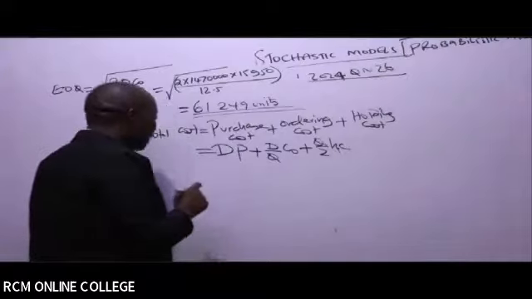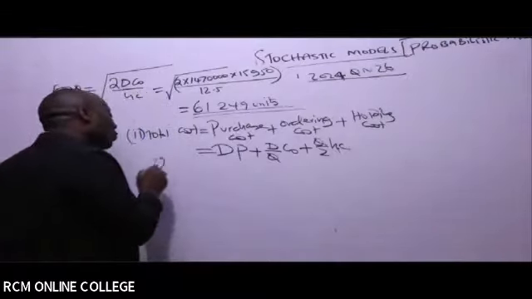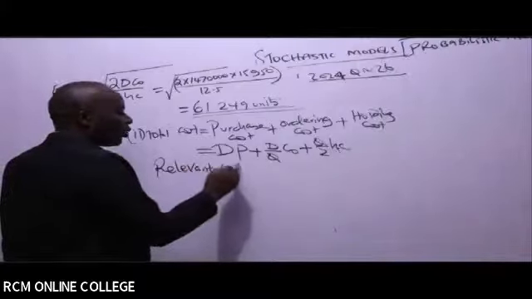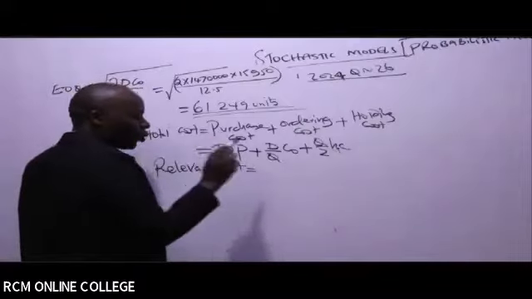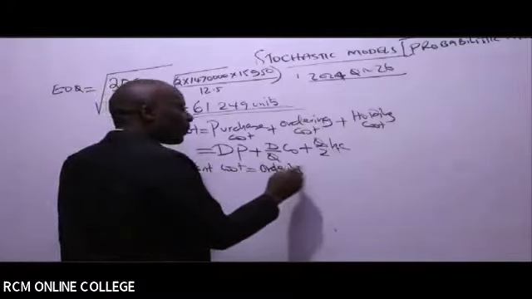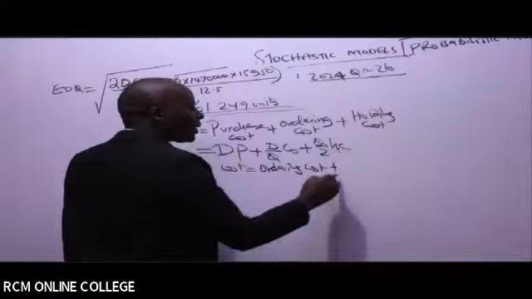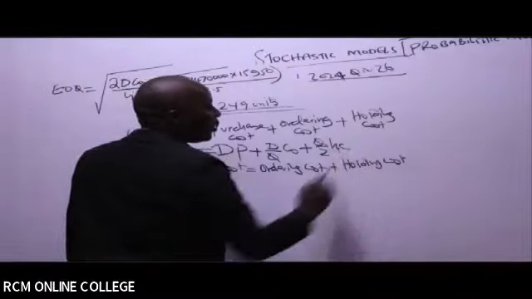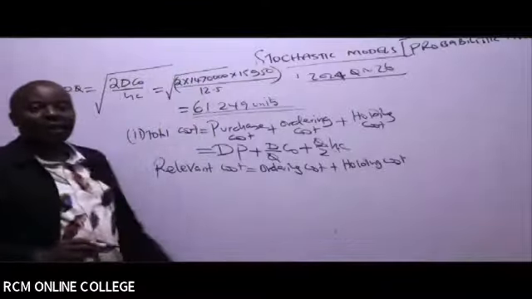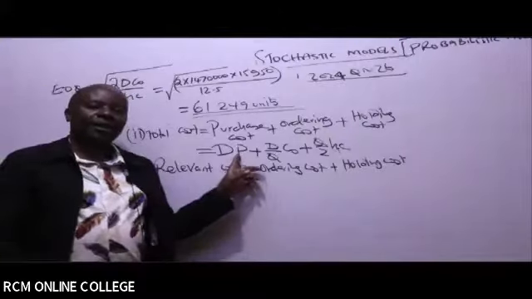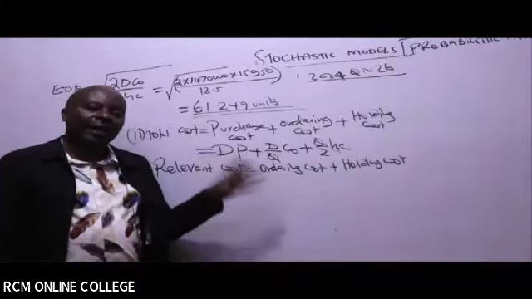But now listen. When they ask for relevant cost, there are only 2 relevant costs: ordering cost plus holding cost. These are the only relevant costs in a situation where the purchase price is constant, where there are no discounts.